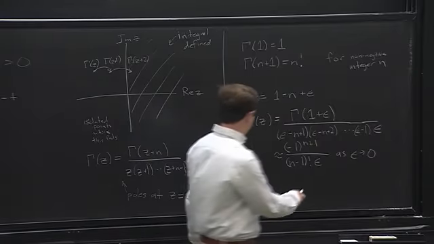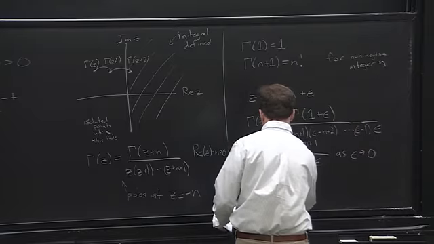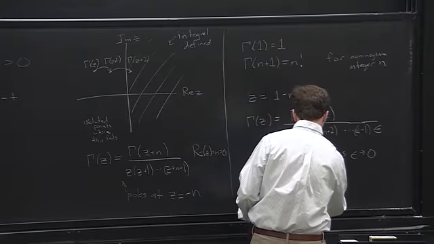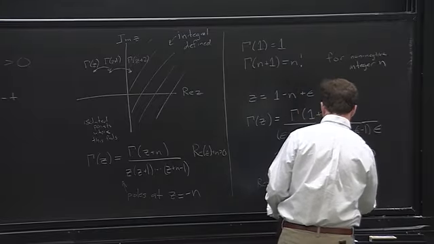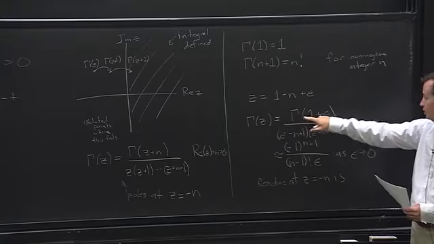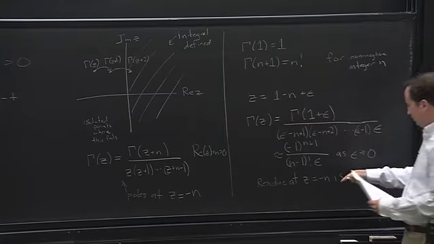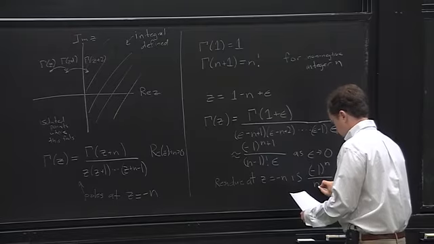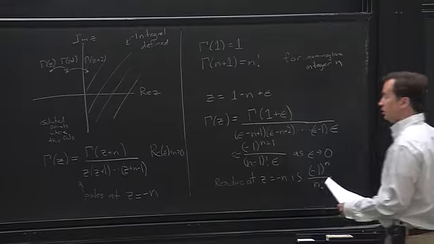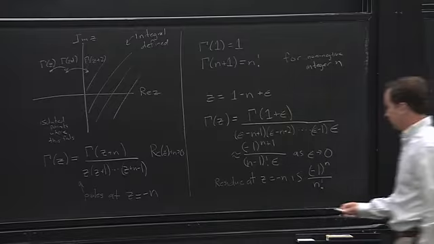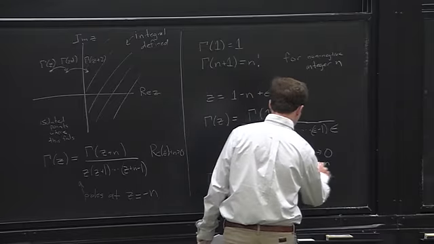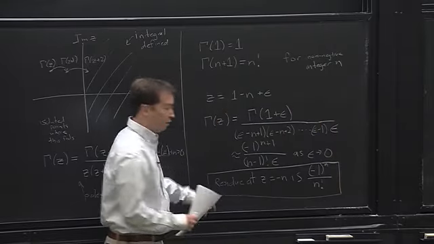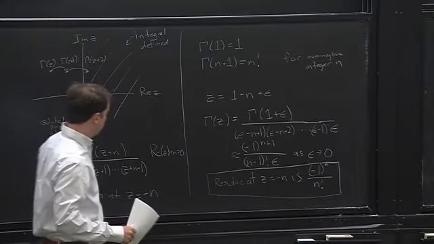So that tells us that the residue at z equals minus n is, so here everything is shifted by 1. I shifted by 1 just so I could get a gamma of 1 in the numerator. We unshift things, we get residue of minus 1 to the n over n factorial. And this result will be useful in tutorial this afternoon.